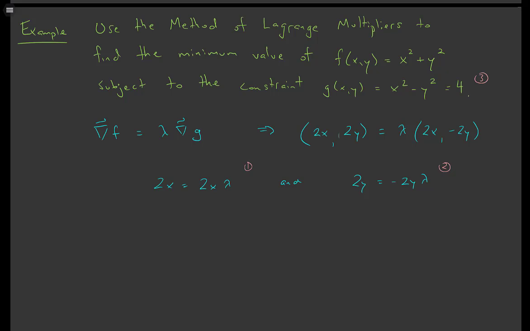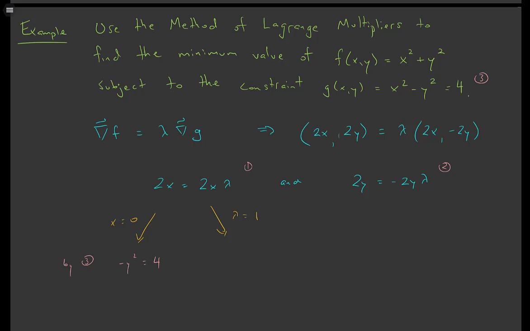Looking at the first equation, we can see that this will be satisfied two ways. Either x is going to be equal to 0, or lambda is going to be equal to 1. Now if x is equal to 0, then looking back at our constraint equation, we get minus y squared is equal to 4. And there's no solution to that equation.